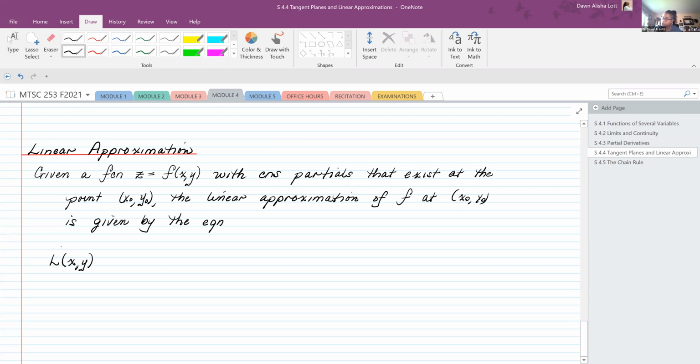Now this is the approximation, is equal to f at x naught, y naught.